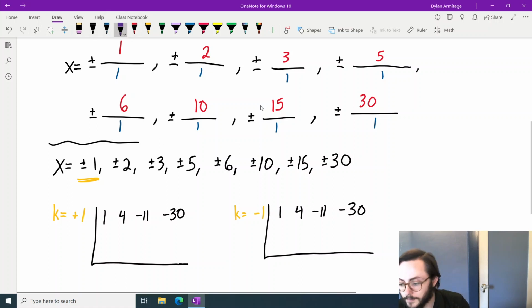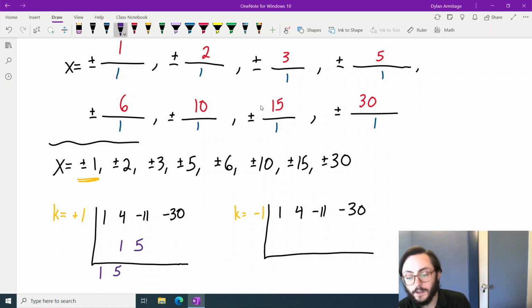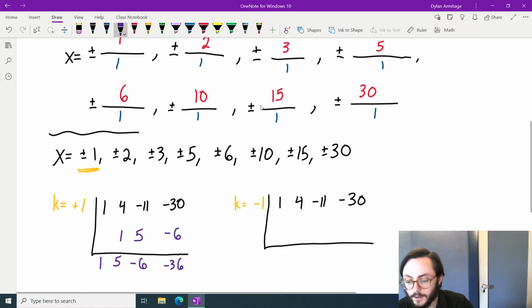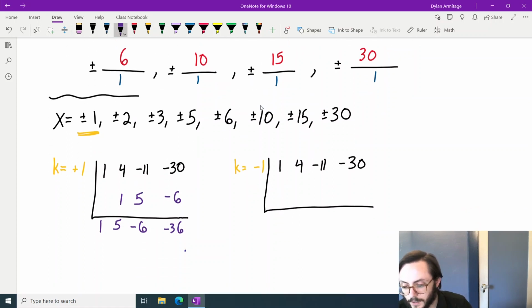Bring down the 1. Positive 1 times positive 1 is 1. 4 plus 1 is 5. Positive 1 times positive 5 is positive 5. Negative 11 plus a positive 5 is negative 6. Positive 1 times negative 6 is negative 6. Negative 30 plus negative 6 is negative 36. So this one is not 0.